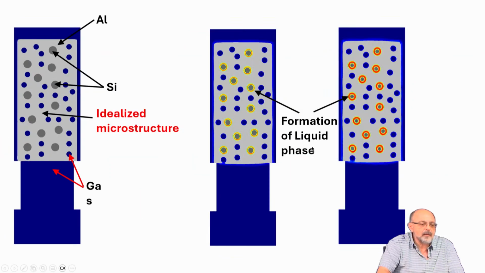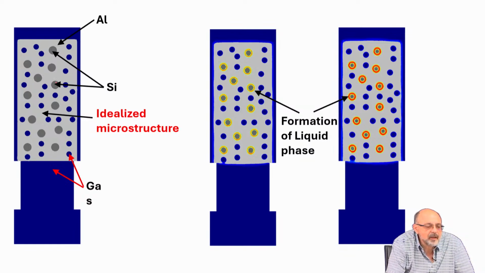Then, a somewhat different run with silicon in the form of circular or spherical, this is all 2D, right? So circular inclusions and some bubbles of gas.